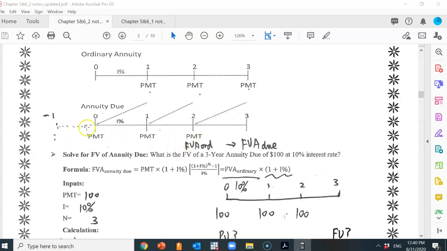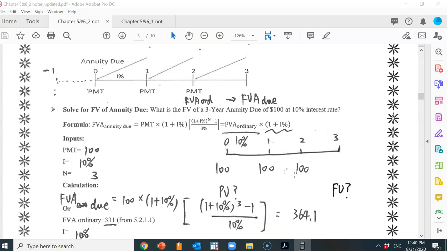If we add 1 period ahead, all these 3 payments which occur in the beginning of each period become at the end of each period for the first 3 periods. So if we calculate future value of ordinary annuity, it's going to be occurring at time 2. If we want to move it to time 3, so it's the future value of this annuity due, we just multiply by 1 plus interest rate.